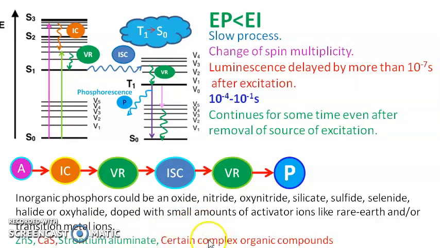Also, certain complex organic compounds exhibit phosphorescence, and these are used in OLEDs, that is organic light emitting diodes. All these phosphorescent materials find use in glow-in-the-dark stickers, toys, paints, wristwatch dials, clock dials, etc.